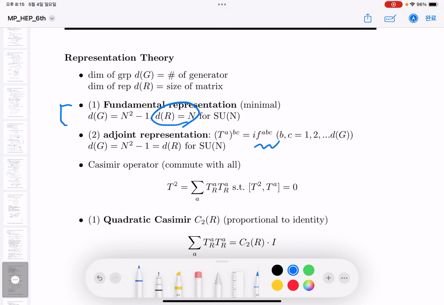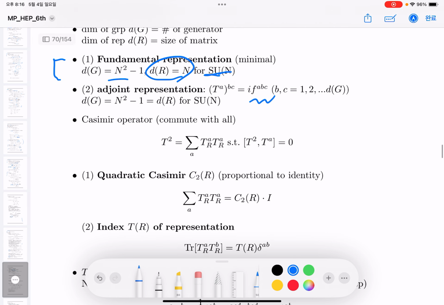In this case, the dimension of the matrices for the representation of the generators is the same as the number of generators, so the dimension of the representation is N squared minus 1. The number of generators in the SU(N) algebra is N squared minus 1.